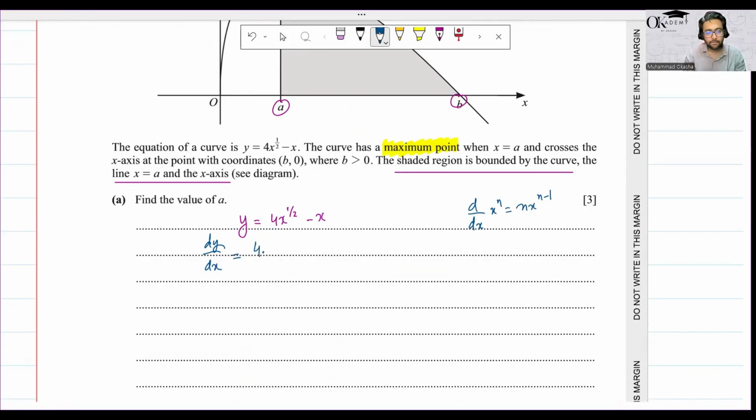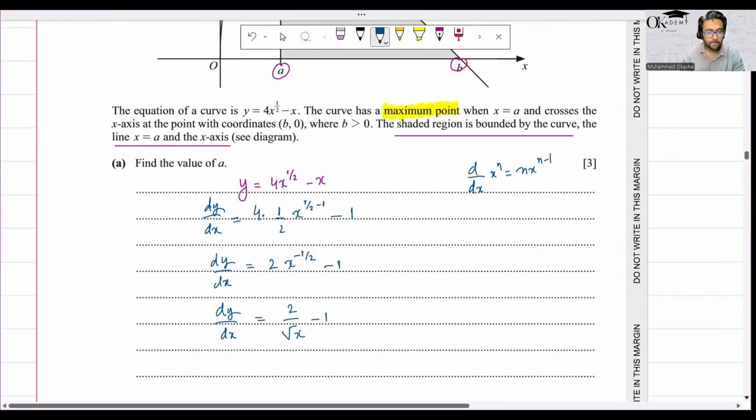So 4 would stay over here, 1 over 2, x to the power 1 over 2 minus 1, minus just x has a derivative of 1. So dy by dx is going to give me 4 divided by 2 is just 2, x to the power 1 over 2 minus 1 is x to the power minus 1 over 2, right? So dy by dx equals 2 over square root of x, minus 1. Minus 1 over 2, it goes to the bottom, it becomes plus 1 over 2, and that turns into a square root.